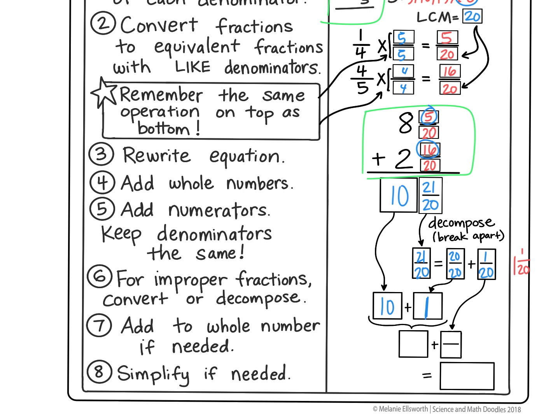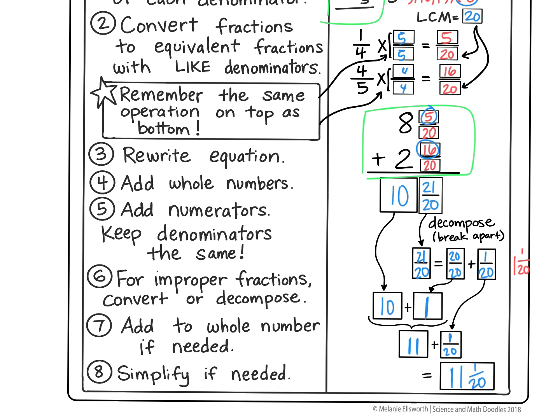So I'm actually combining 10 and that 1. So my real whole number in my answer will be 11. And then my leftover part of my mixed number, 1 and 1/20th, the fraction piece, 1/20th, is what I attach to my new whole number. So my final answer is 11 and 1/20th.